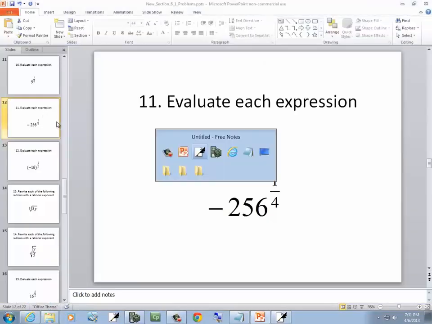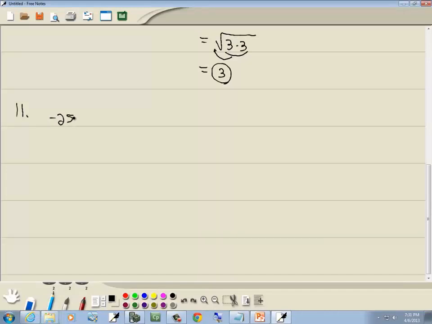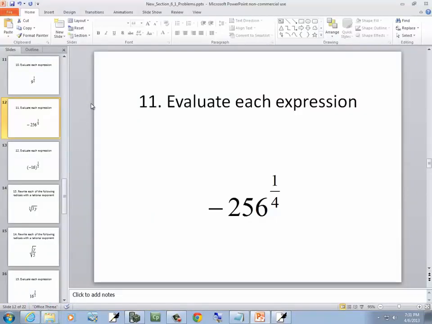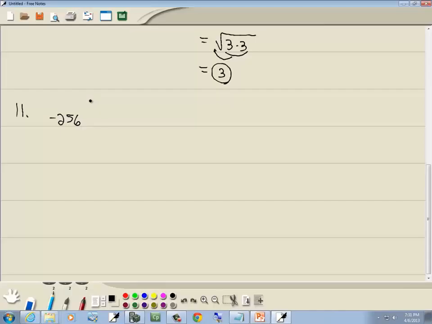This next one has a little note that goes along with it. Some of these are just to refresh your memory on exponents. And you saw this note back in elementary algebra, Algebra 1.